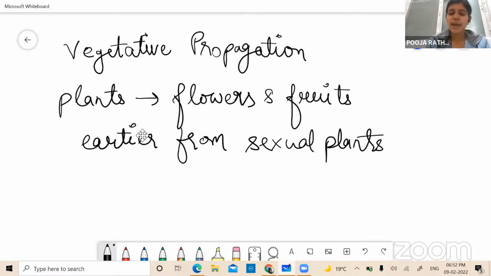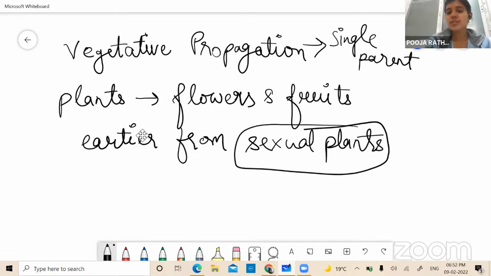Why is it so? Because in vegetative propagation, only a single parent is involved, and a single parent can reproduce at a faster rate than the two parents involved in sexual reproduction. That's why in vegetative propagation, flowers and fruits occur earlier than in the sexual ones.